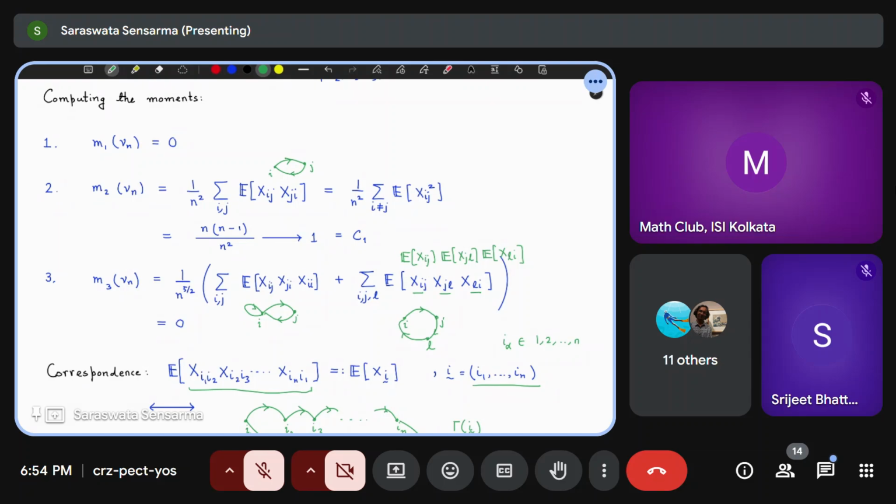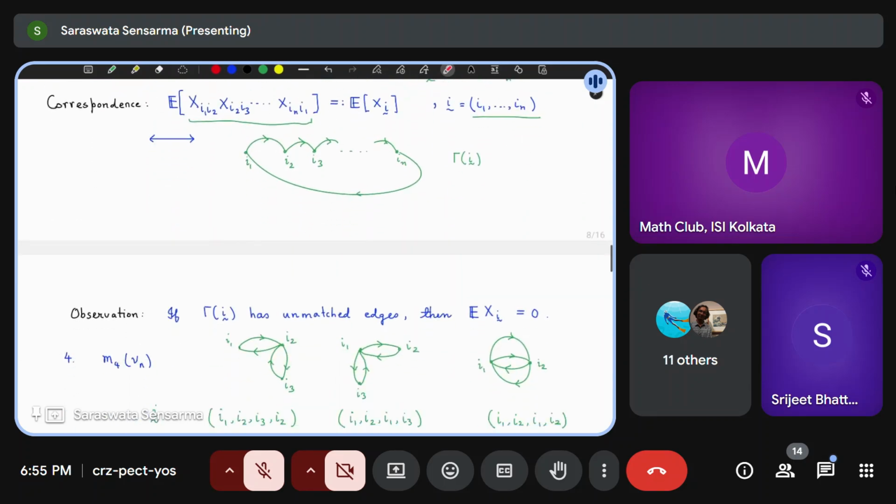So either you get a loop in the third moment case, where the term is automatically 0, or you get unpaired edges. If you have edges which are paired up, then those terms come together to give a square and it doesn't become 0 automatically. However, if your graph has an unpaired edge, the corresponding term is 0.